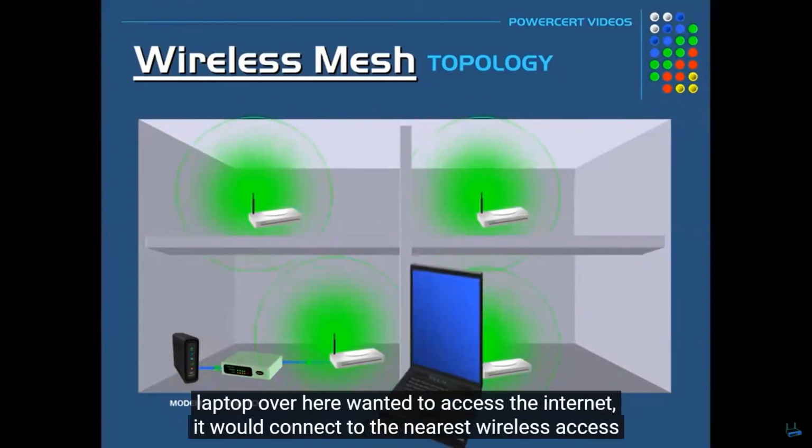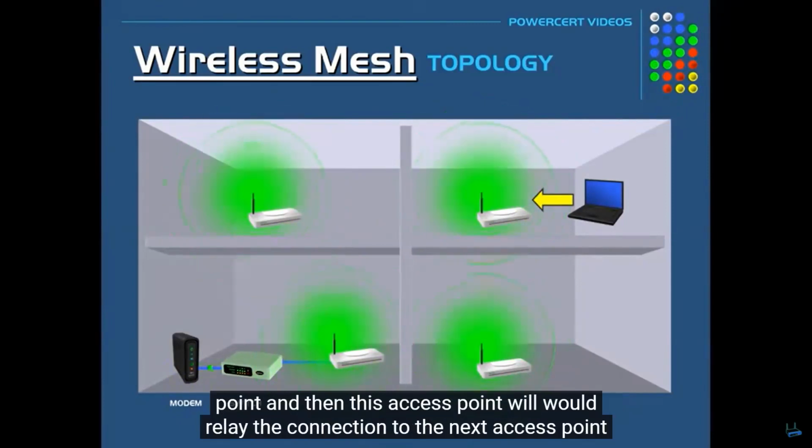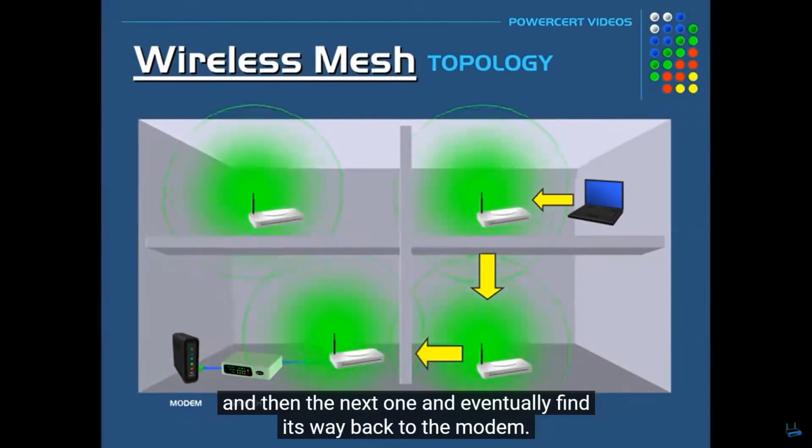So if this laptop over here wanted to access the internet, it would connect to the nearest wireless access point, and then this access point would relay the connection to the next access point, and then to the next one, and then eventually find its way back to the modem.